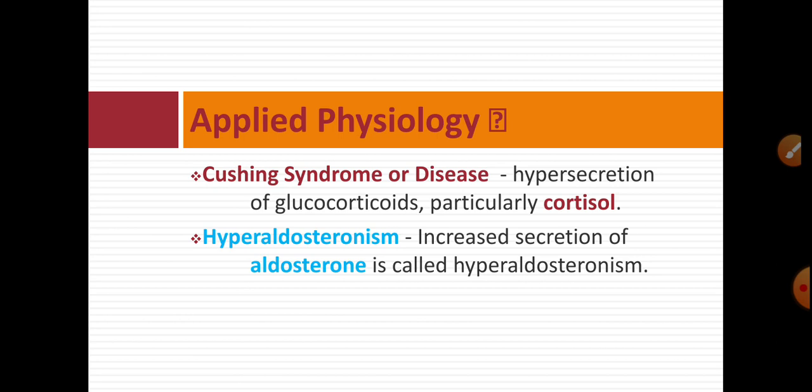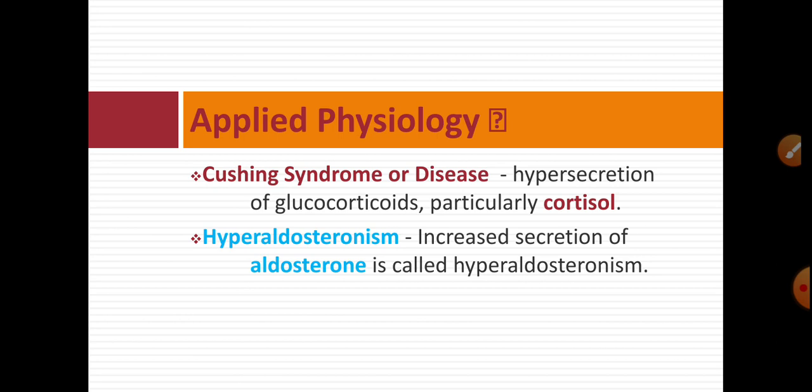But when there is an abnormality, that means a tumor of zona reticularis, it will produce some masculine features in females, but there is no effect in males because it is a normal condition for them.